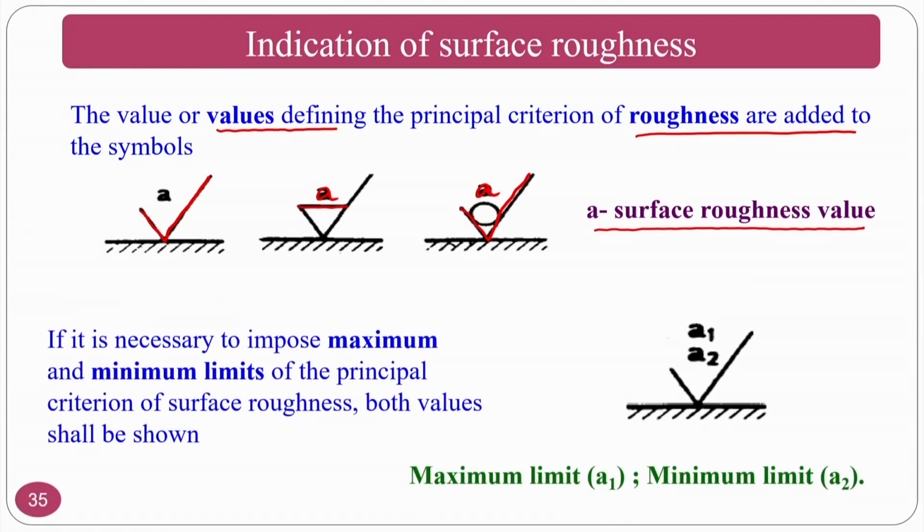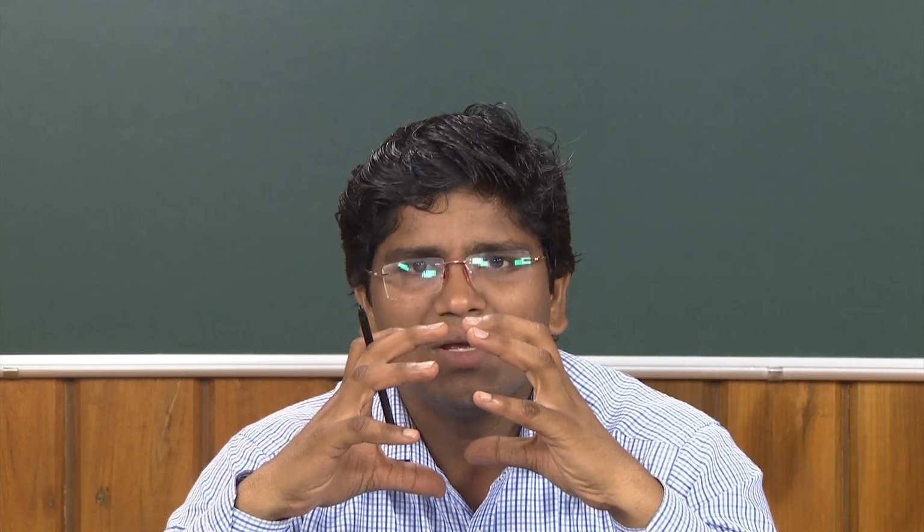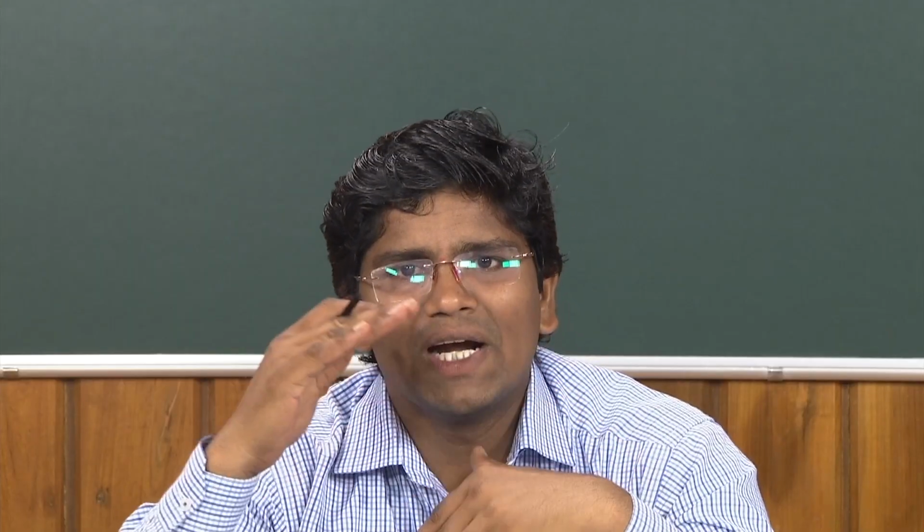At the same time, if it is necessary to impose maximum and minimum limits of the principal gradations of surface roughness, both values can be given. Normally, A1 represents the maximum limit and A2 represents the minimum limit. Assume that I want a particular surface whose roughness values can be within a range, like between 1 and 2.